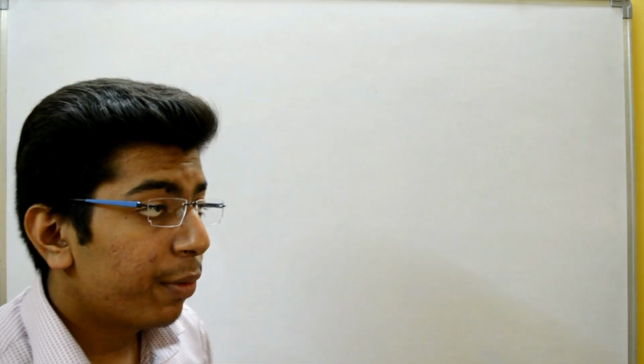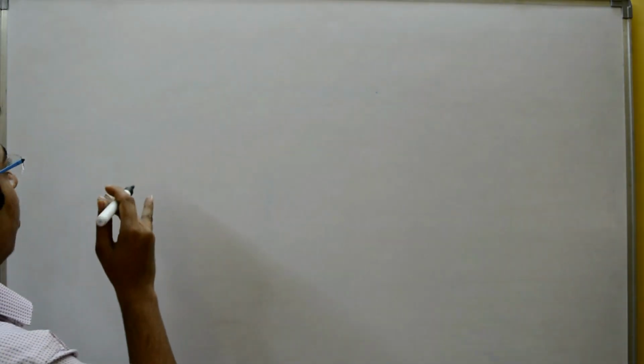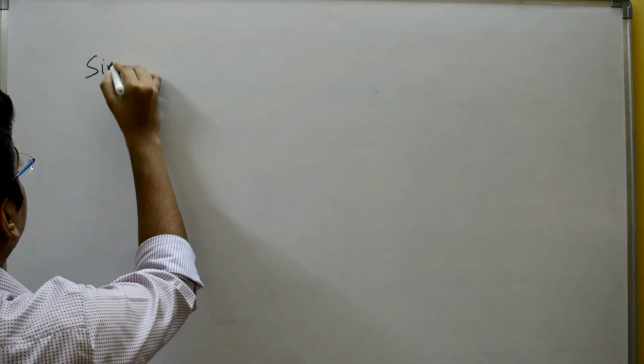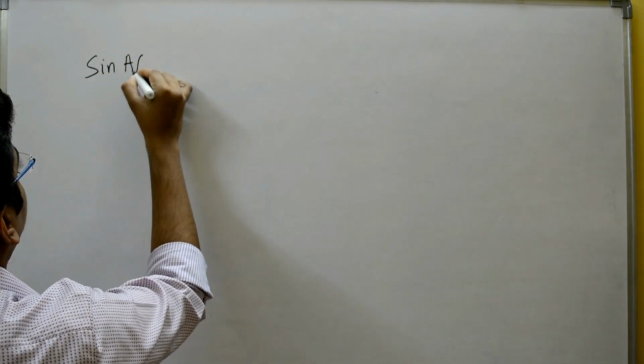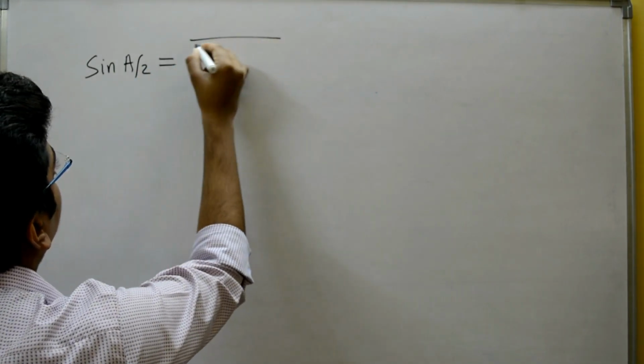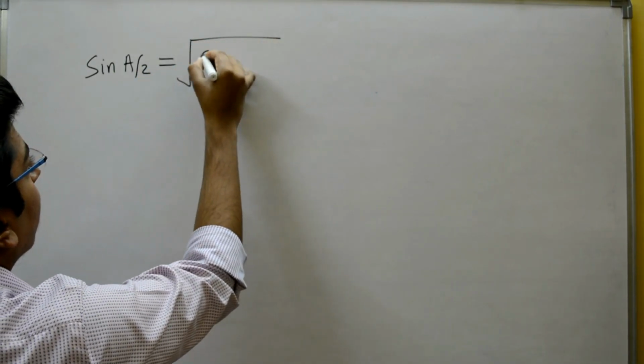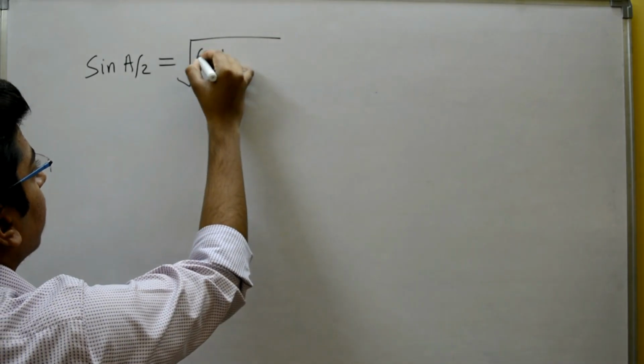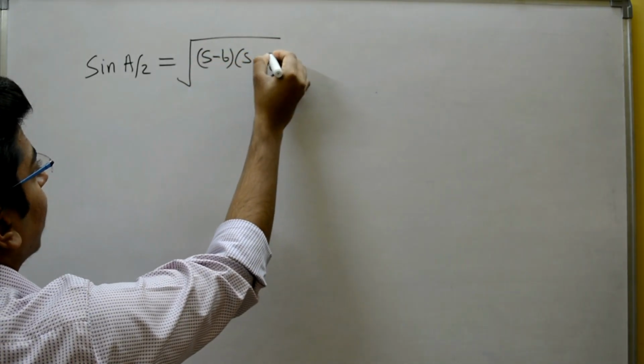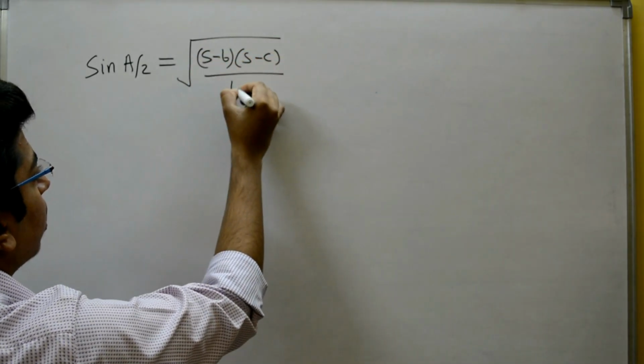We will now prove the sine half angle formula. That formula is sine A by 2 is equal to under root of (s minus b)(s minus c) upon bc.